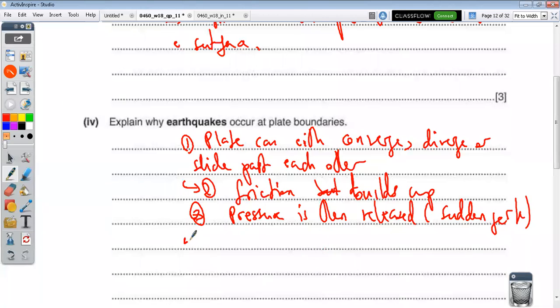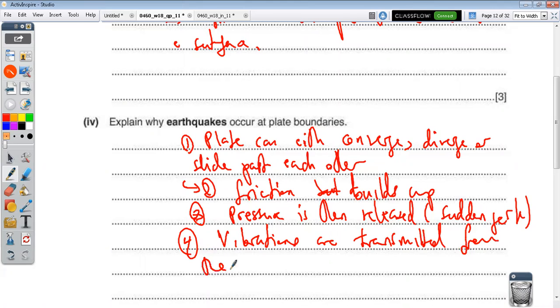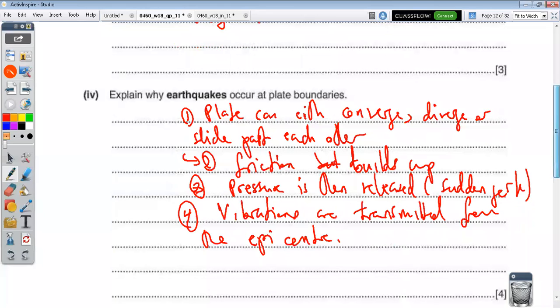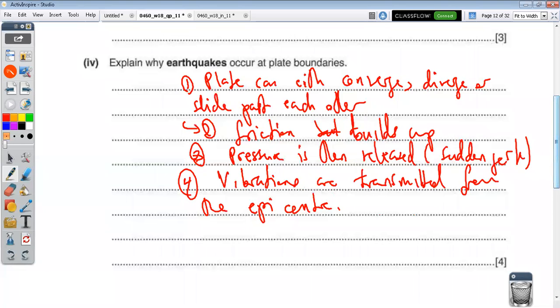Then because of that pressure and that release, vibrations are transmitted from the epicenter where the crack has happened. Vibrations are transmitted from the epicenter. Clear. That's all you need to remember.